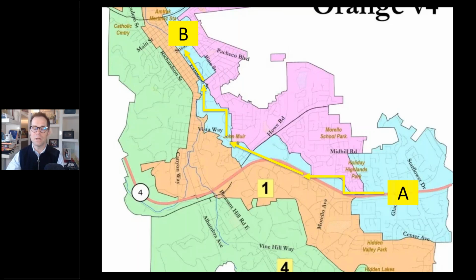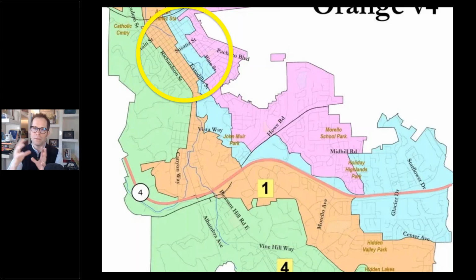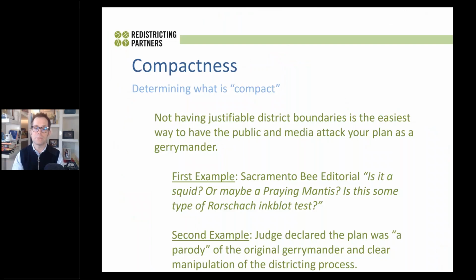And in addition to that, this area B probably violates that earlier criteria of keeping communities of interest together, keeping neighborhoods or the geographic area of a district together. So those are the kinds of redistrictings that have been outlawed in state law through the use of this new compactness definition.